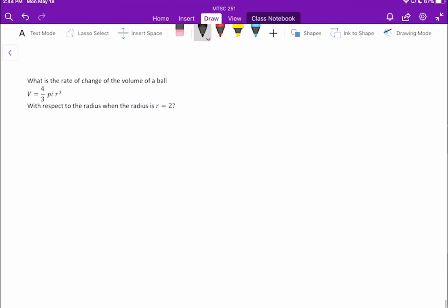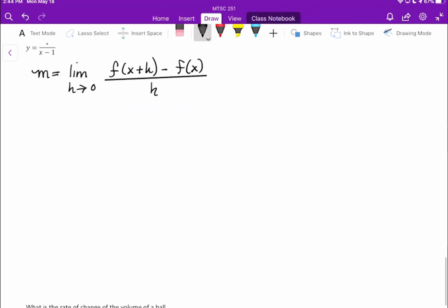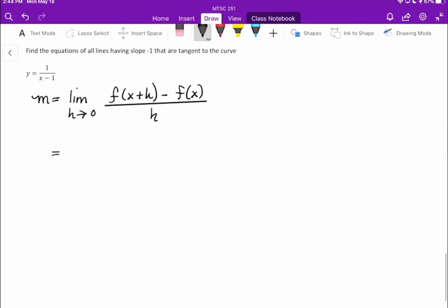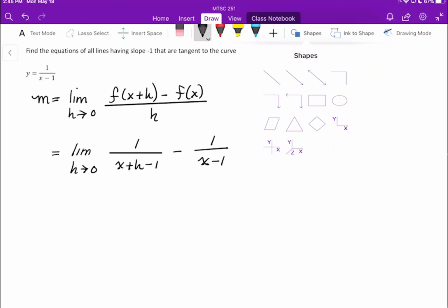So that gives us, again, the limit as h approaches 0. So f of x plus h will be 1 divided by x plus h minus 1, over x minus 1, the entire quantity, all over h.